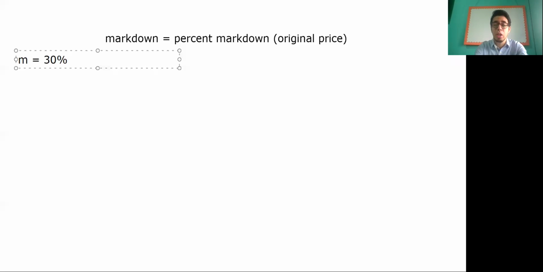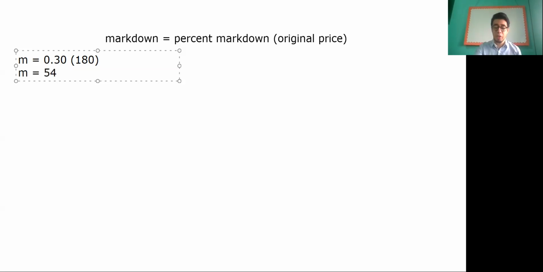But remember, you are not going to use the percent. When you multiply, you are going to multiply by 0.30 because you divide by 100. And this, you multiply by the price. The price is $180. So finally, we obtain that the markdown is going to be 54.